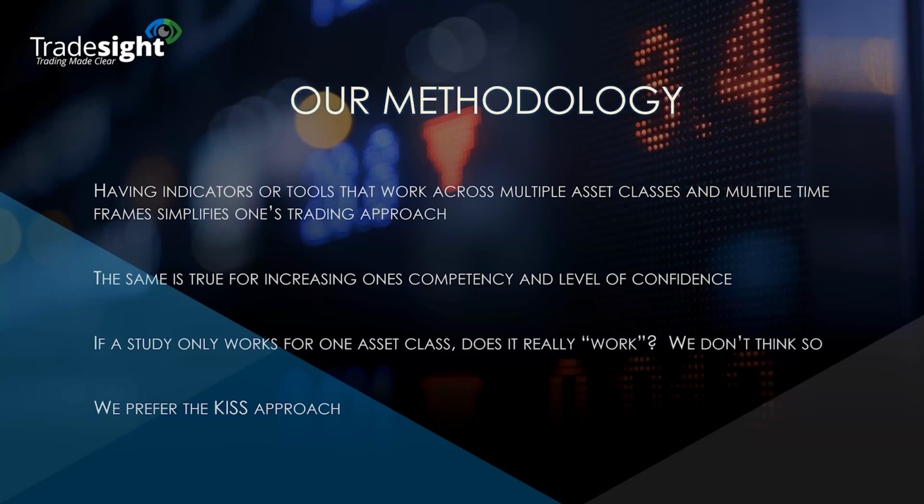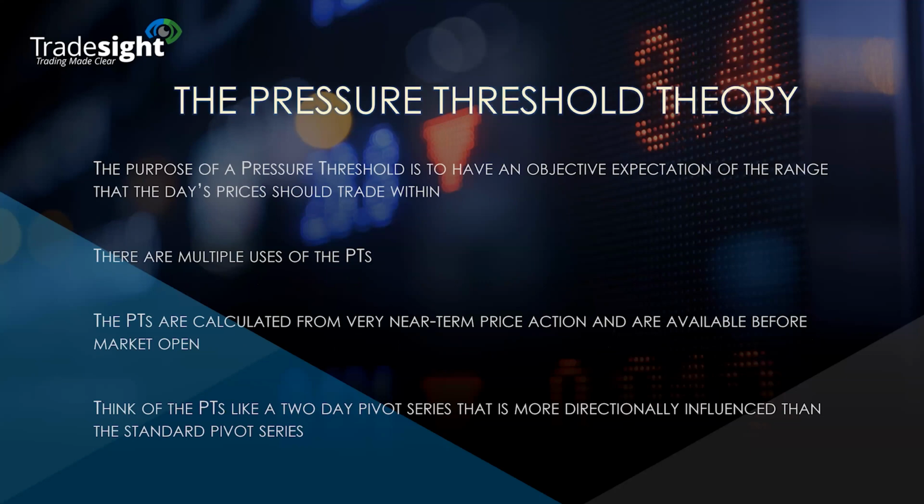The purpose of a pressure threshold, this is what we're here to discuss today, is to have an objective expectation of the range that the day's prices should trade within. Now, if you've ever played with a pivot series, and I know most people have, a pivot series is a very specific calculation based on only the prior day's action.